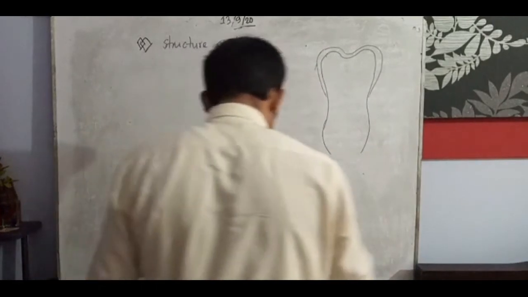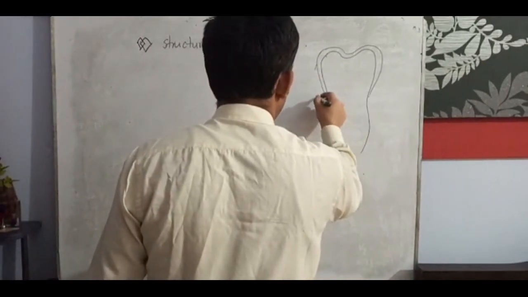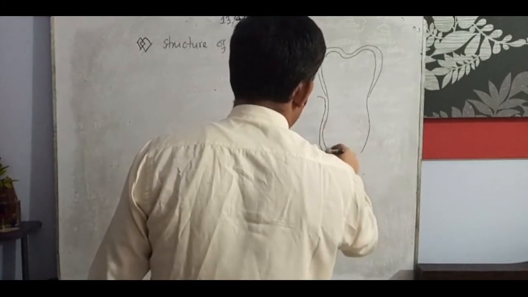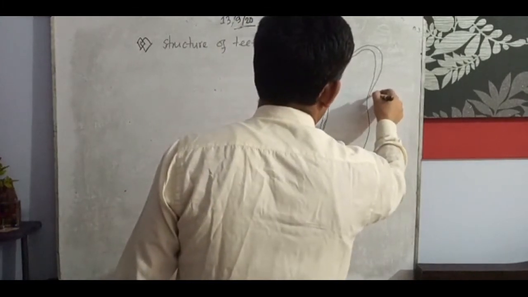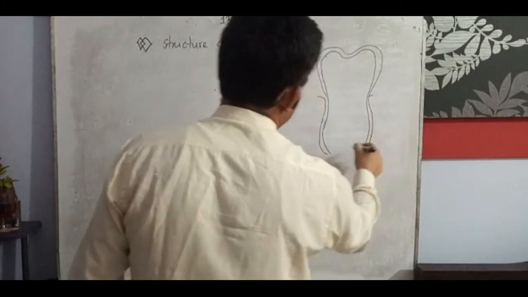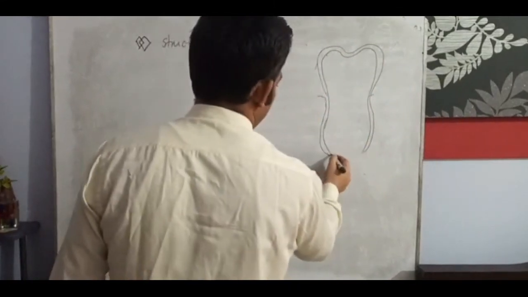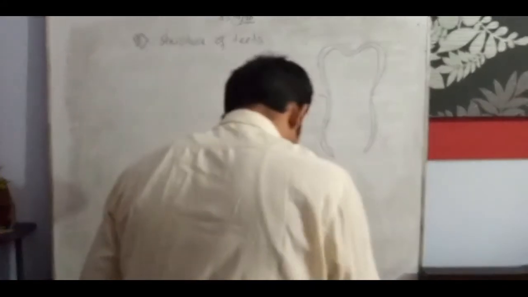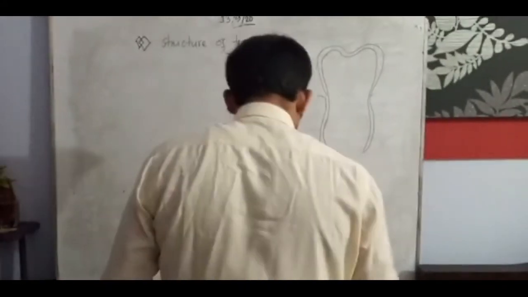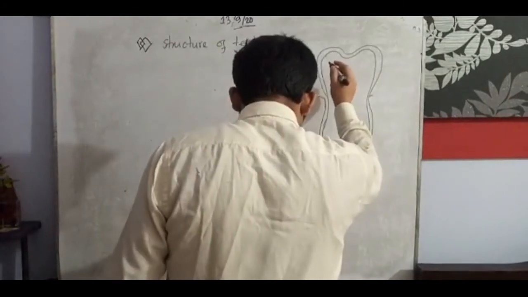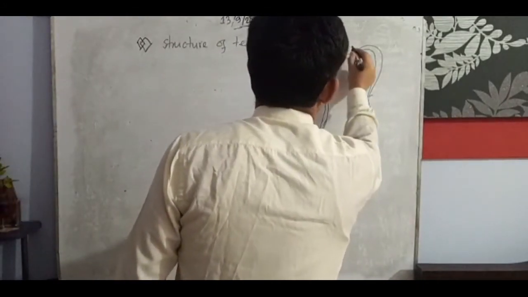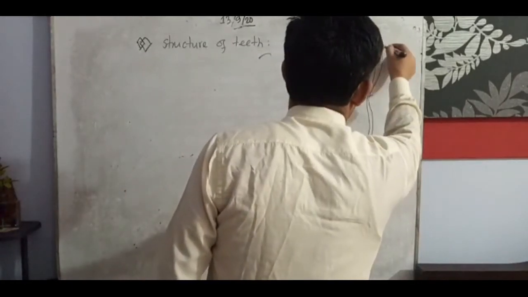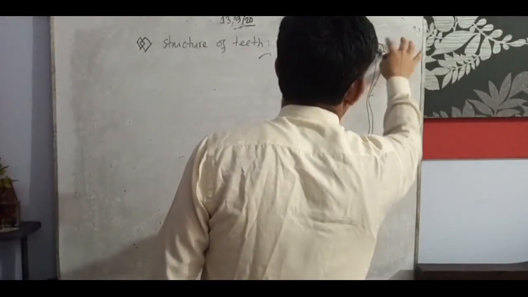And also have some structure of this type, make it double. The structural shape will be of this type, and it looks like that.